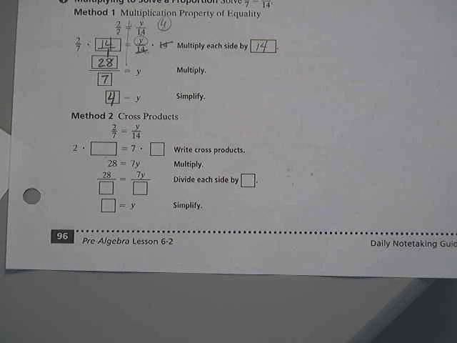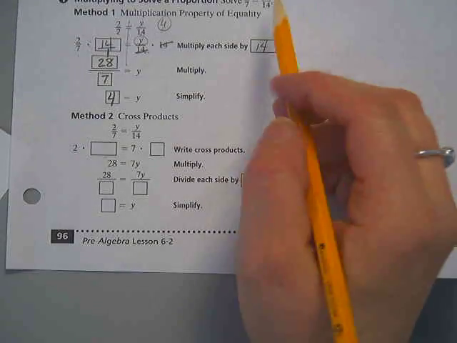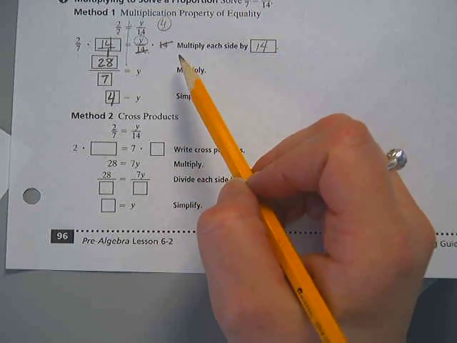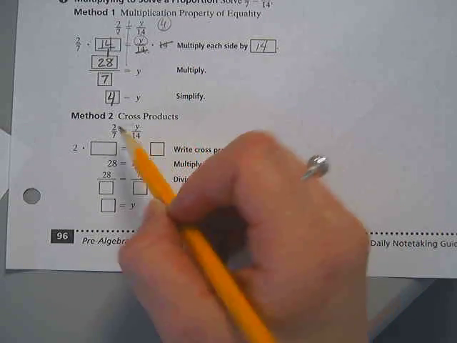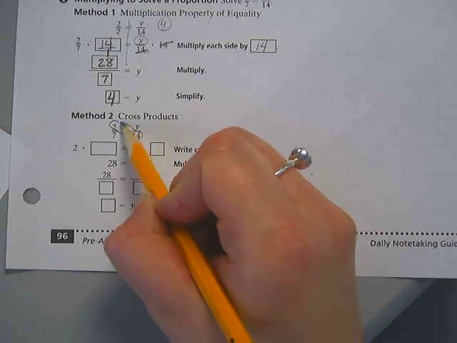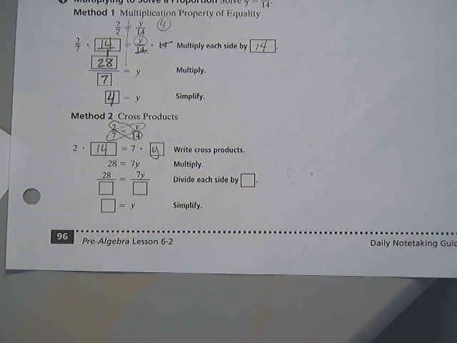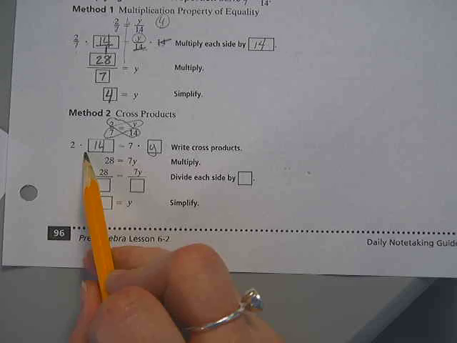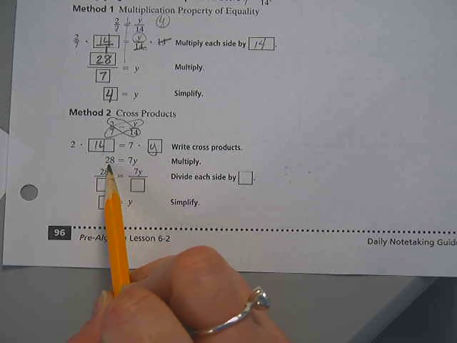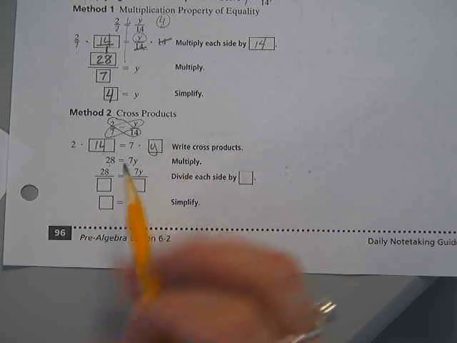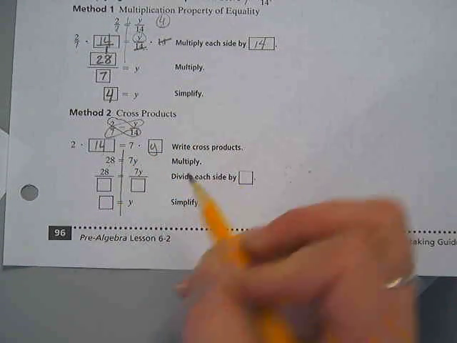Okay, now using the cross products rule, instead of the line down the equal sign, we know that 2 times 14 has to equal 7 times y. What is 2 times 14? 28.